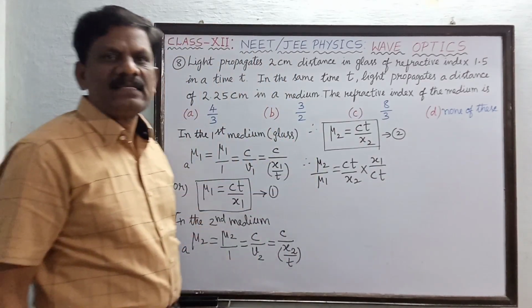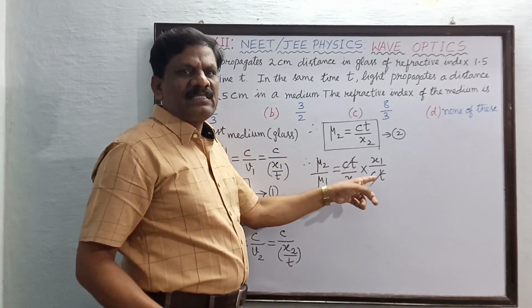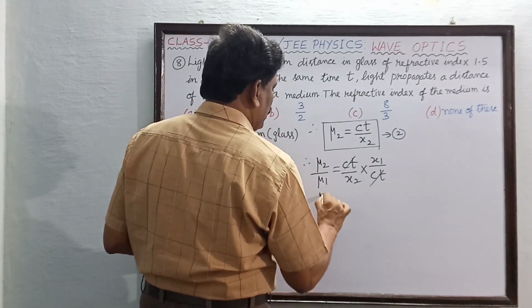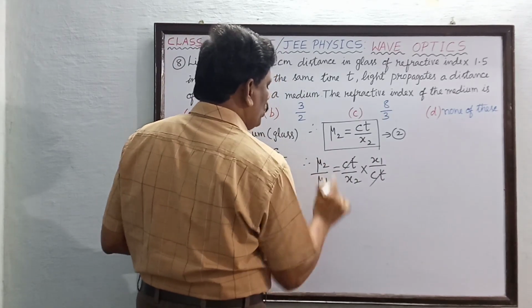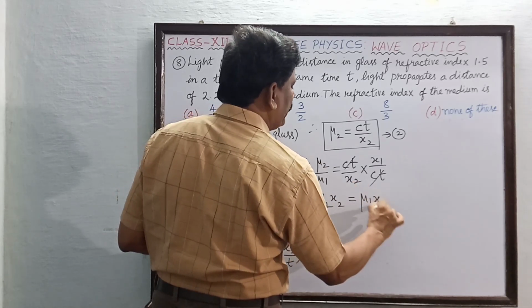Which is getting cancelled now? C into t is getting cancelled, because c is the velocity of light, a constant, and t is the same time they have given. So mu2 into x2 is equal to mu1 into x1.